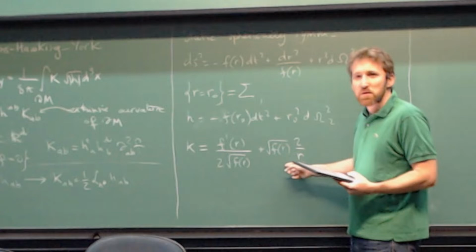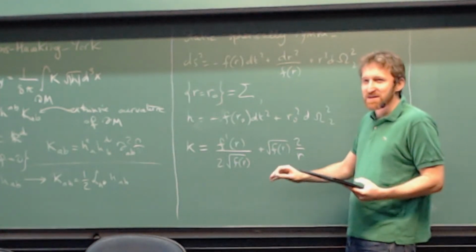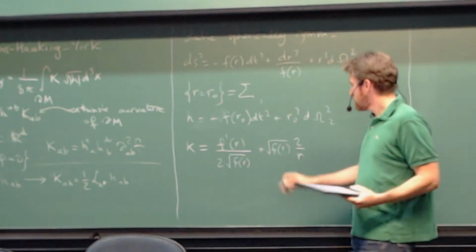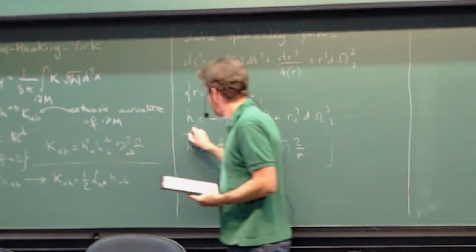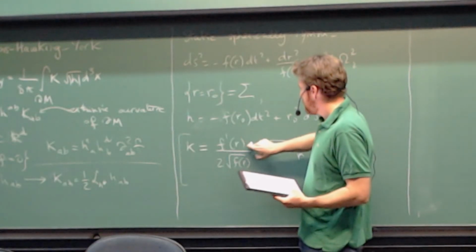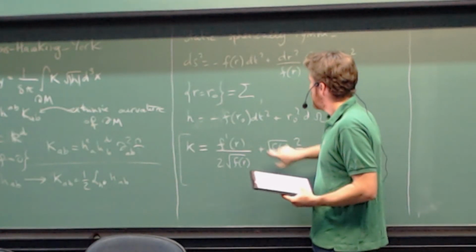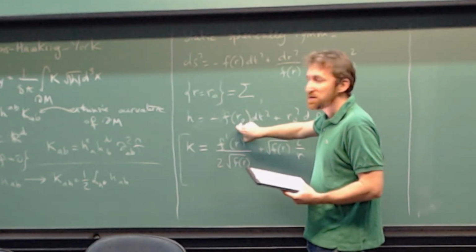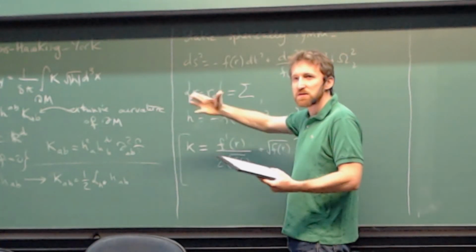Because this will be the fundamental ingredient of all the next computations. So I wanted to show you that you can compute it, even though I didn't tell you how to. But once you compute it, you see that it will depend crucially on f, which is the embedding function of the surface r equals r0 inside our spacetime.